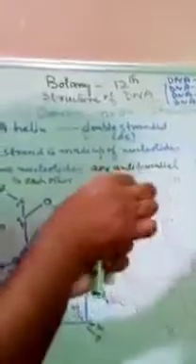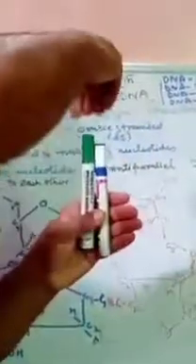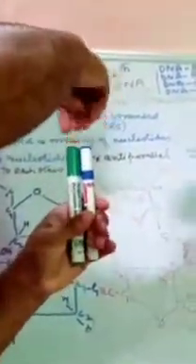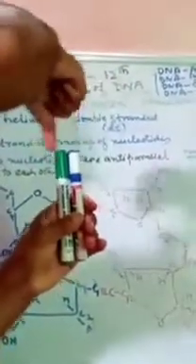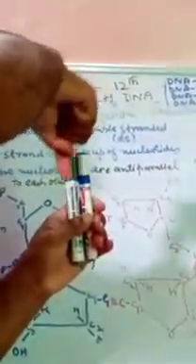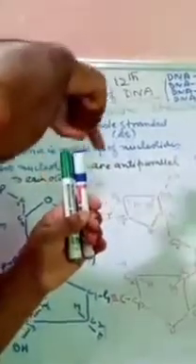Second, this is the double helix. If we look at this DNA from the top, we will find that it has a spiral shape.